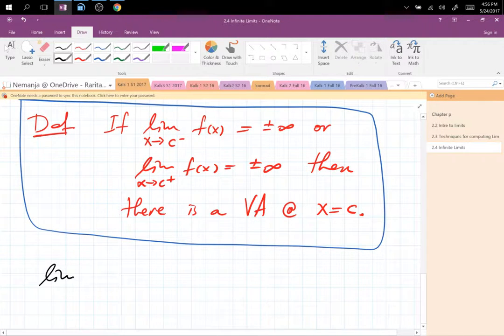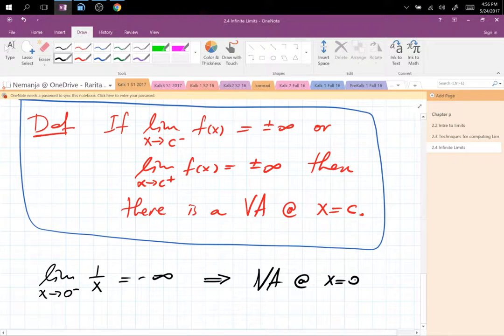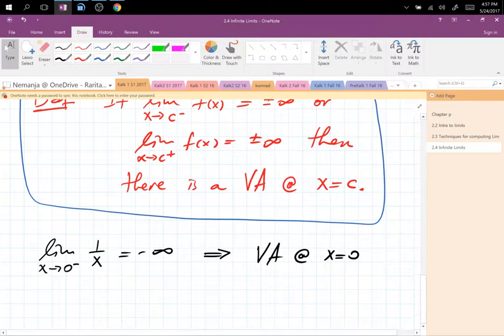So the limit as x goes to 0 from the left for 1 over x is equal to negative infinity, which implies a vertical asymptote at x equals 0, which is always the value that you are approaching. Make sure you use the correct mathematical notation.